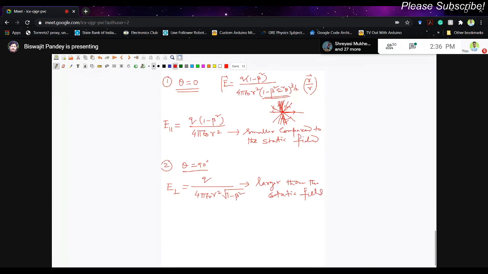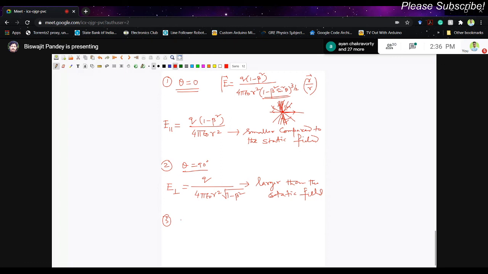That means the electric field becomes stronger along the orthogonal direction and weaker along the parallel direction, right? You can also check theta equal to 45 degree, whatever, and those will be just in between the maxima and minima. That's why I'm not putting those values, but you can check that.